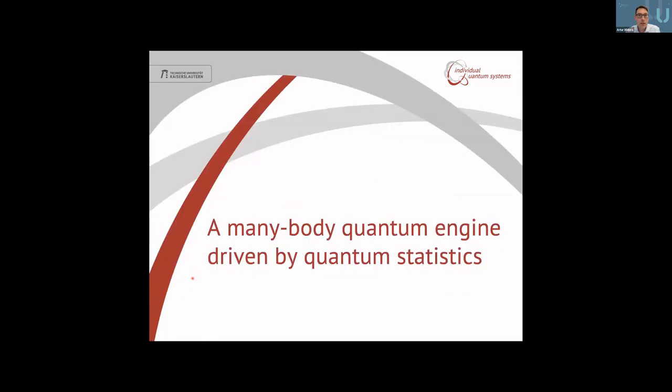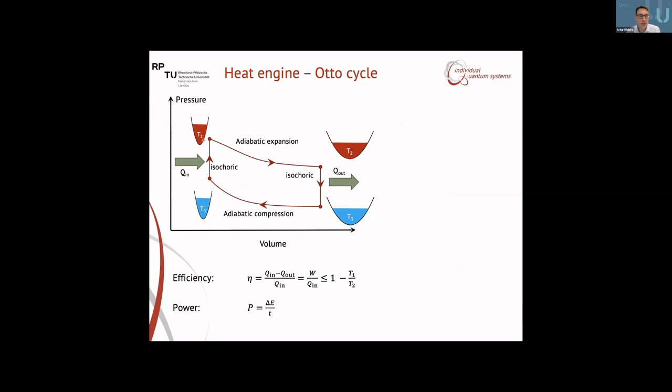So now, how can we use this knowledge about how an engine works and form a many-body engine driven by quantum statistics? The idea is that we would like to replace this bringing in of energy in the form of heat in the classical Otto cycle by quantum energy, by going, for example, from a bosonic Bose-Einstein condensate to a fermionic Fermi sea.